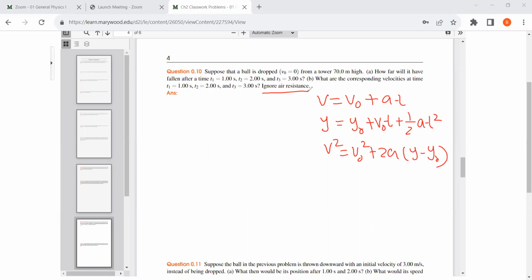In chapter 2 and chapter 3 we ignore air resistance, so the only thing that affects the object's motion is gravity.